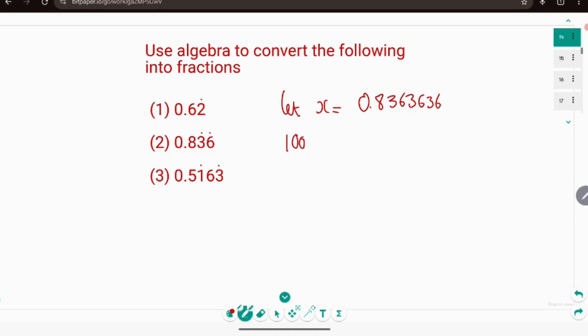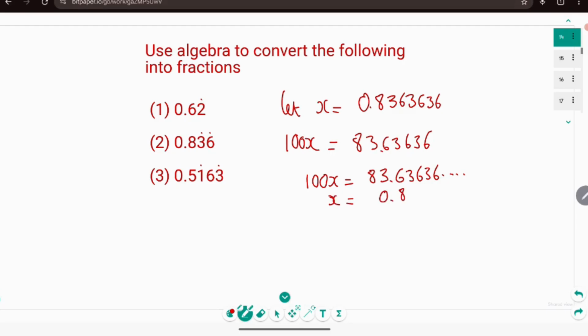100x, double digit recurring. 100x, take away 1x, 99x.